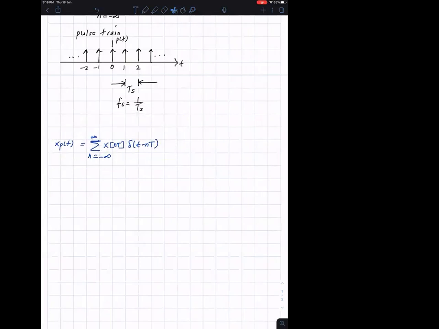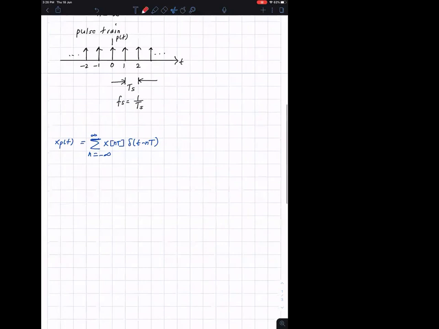The Fourier transform of this signal has some mathematics involved, but we are just using the result.